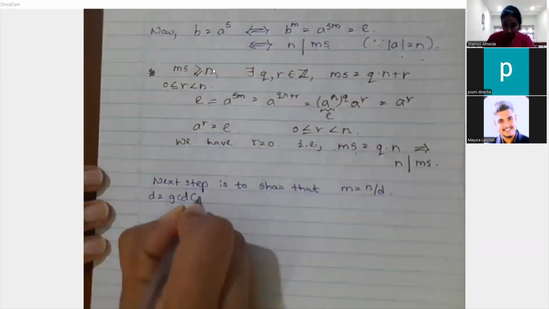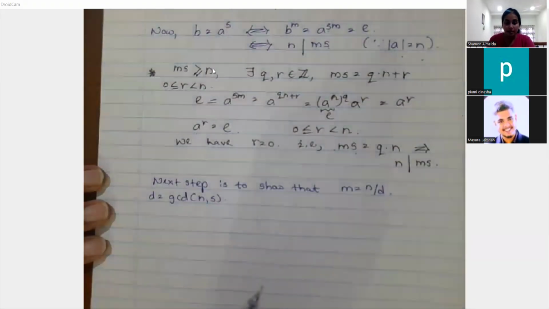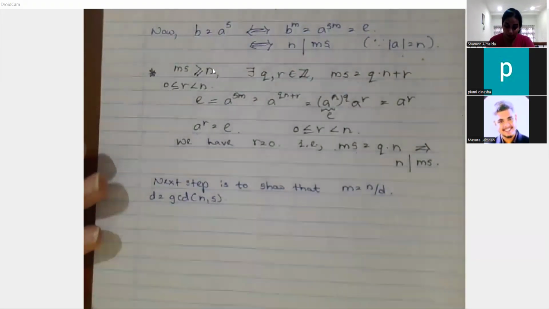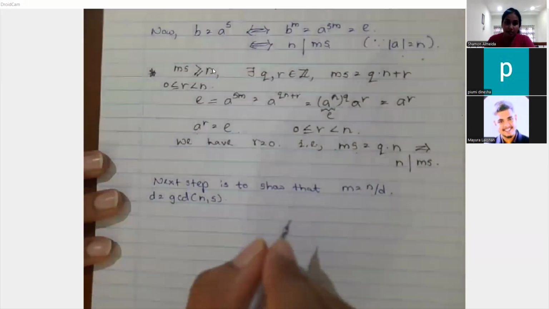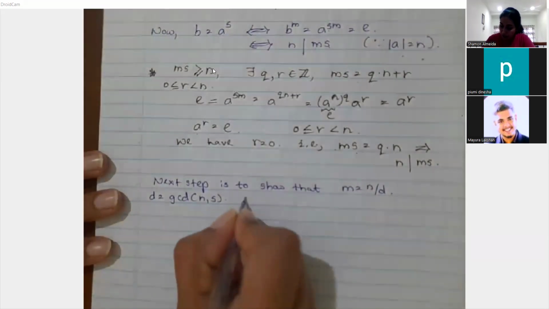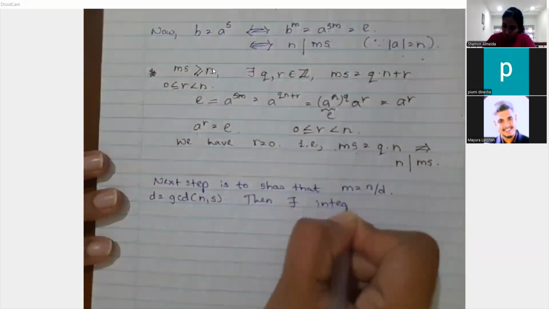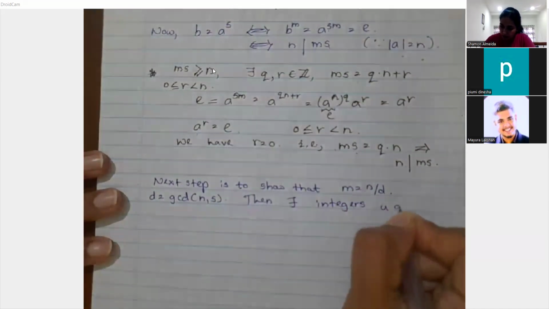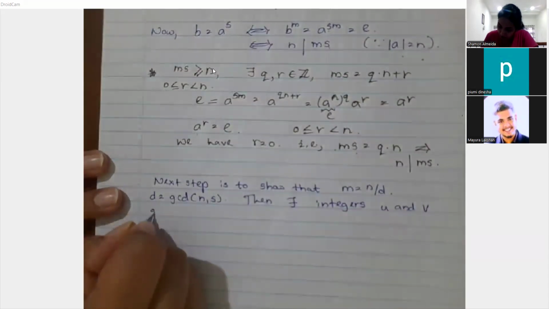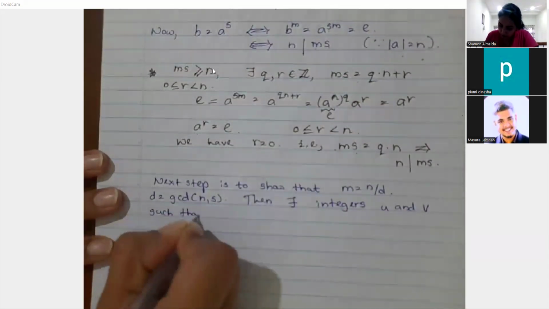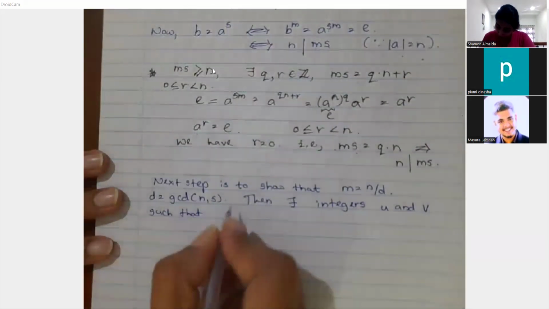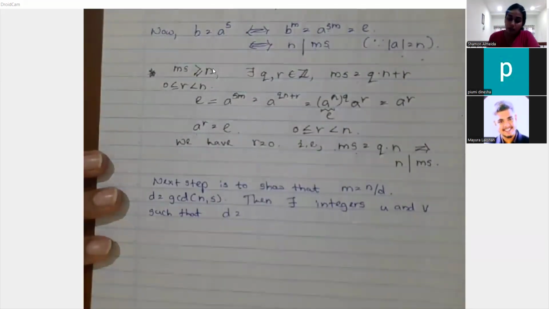D is the GCD of n and s. Then, by the definition of the greatest common divisor and its properties, there exist integers u and v such that we are able to write d as a linear combination of n and s.